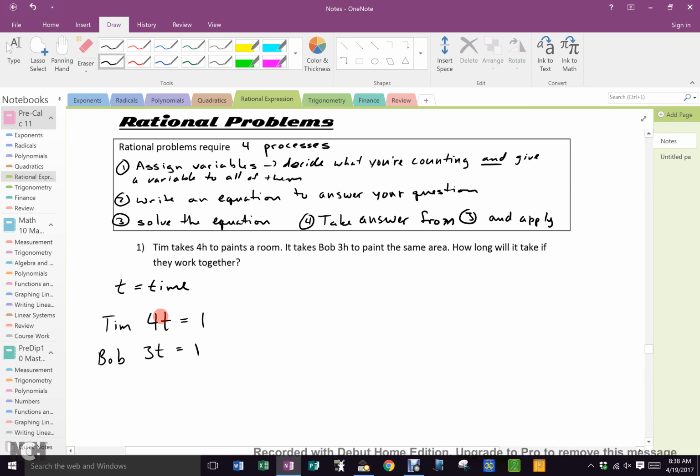Because he takes four units of time to paint one whole room. A quarter, right? Everybody cool with that? Okay. So this guy, Tim, T equals 1/4, yes? And what is it for Bob? 1/3. Is everybody still cool?